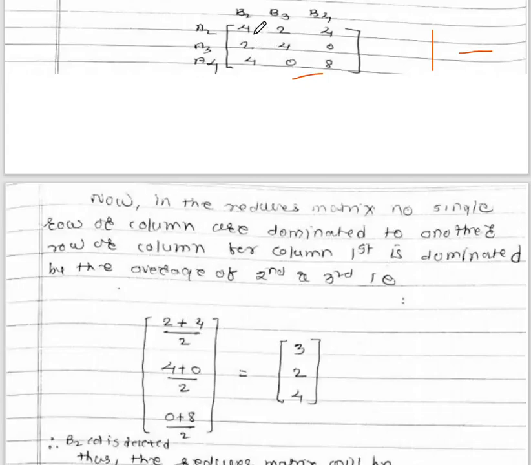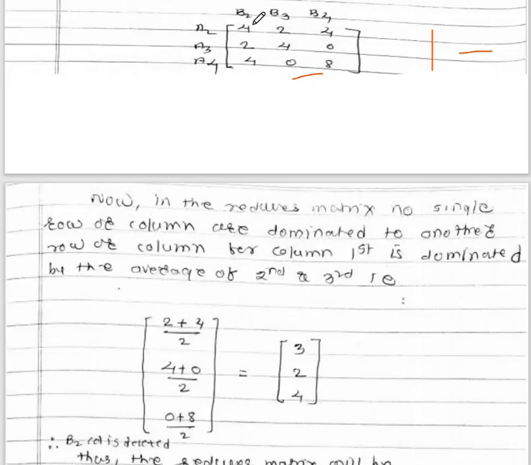That means all the elements of the first column are greater than or equal to the average of the second and third columns.